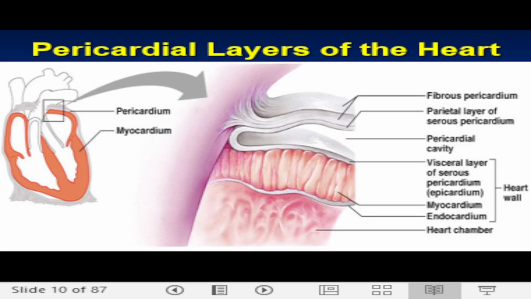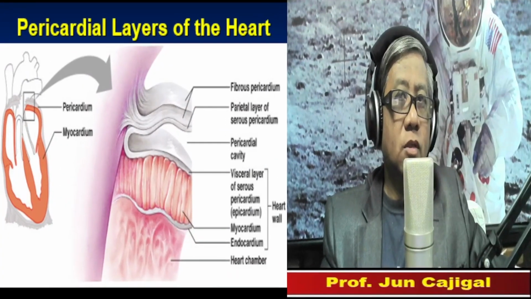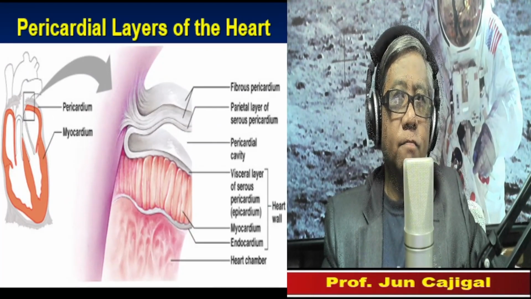Now, the visceral layer, as you could see in our illustration, covers the surface of the heart. And the parietal layer and the visceral layer, they are separated by this fluid-filled cavity called the pericardial cavity. Alright, so those are the different layers of the pericardium.